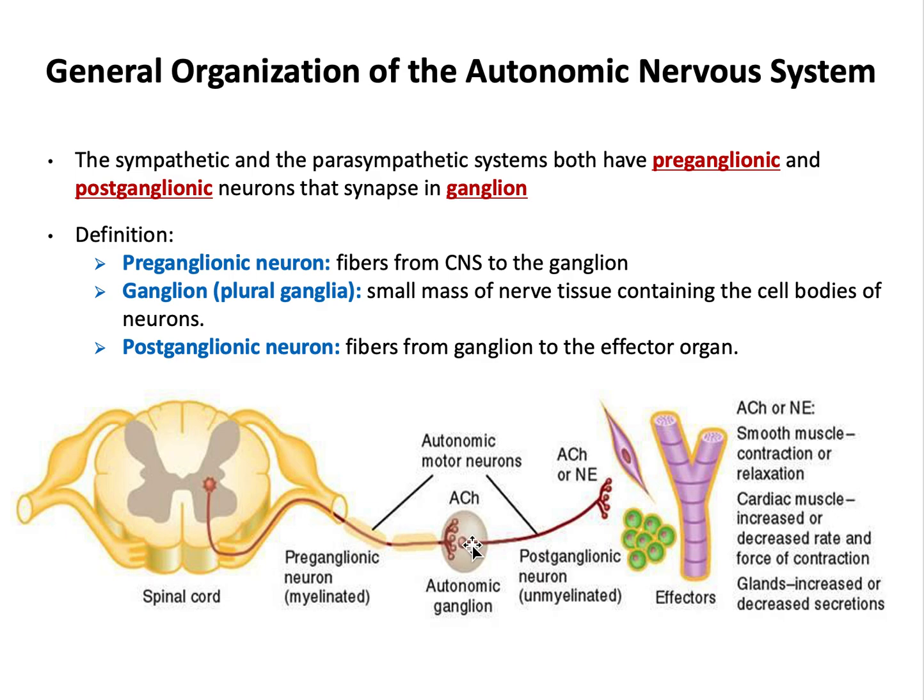And then it's that post-ganglionic neuron that's going to go and synapse on effector cells that will carry out the response for the ANS. Okay, so you'll see this general structure in both parasympathetic and sympathetic divisions.